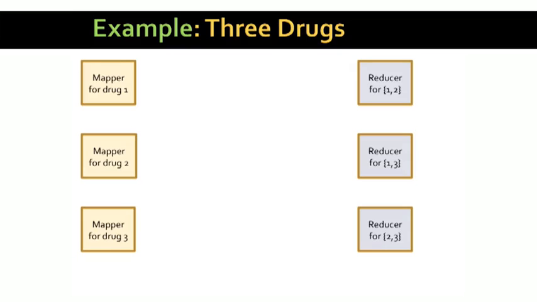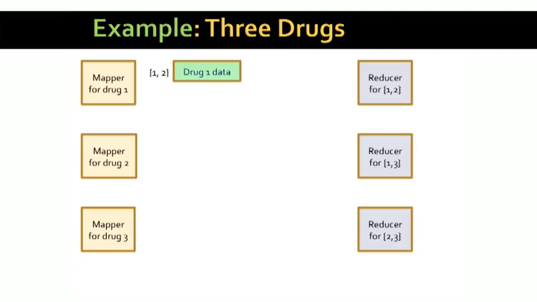In this example, there are 3 drugs rather than 3,000. There will be 3 mappers, one for each of the 3 drugs. There are also 3 reducers, one for each of the pairs of drugs. It is a coincidence that the number of mappers and reducers is the same. In the real problem, there were 3,000 mappers and 4.5 million reducers. And for any number of drugs greater than 3, there will be more reducers than mappers.